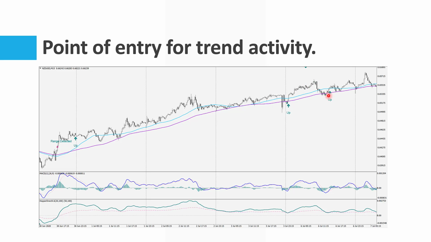And then it will give you an X when it thinks that wave of momentum is done. And in this instance, we had a pretty strong trending market, and it immediately popped up another label identifying and pinpointing the beginning of trend activity.